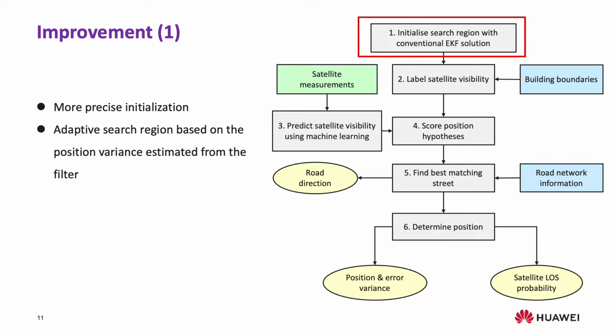I'll introduce the improvements one by one. So the first improvement is better initialization. We initialize the search region with the filtered Kalman filter solution. The filtered solution for initialization is more precise, as the filtered solution not only contains the predicted state that is corrected by shadow matching, but also updated by the filtered loss satellite measurements.